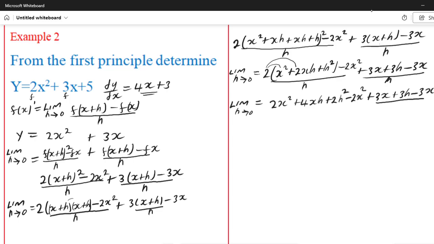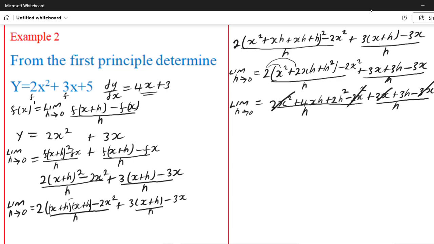Remember, this is divided by h, and also everything here we divide by h. So 2x squared minus 2x squared cancels out because it's a subtraction, and then 3x minus 3x also cancels out.